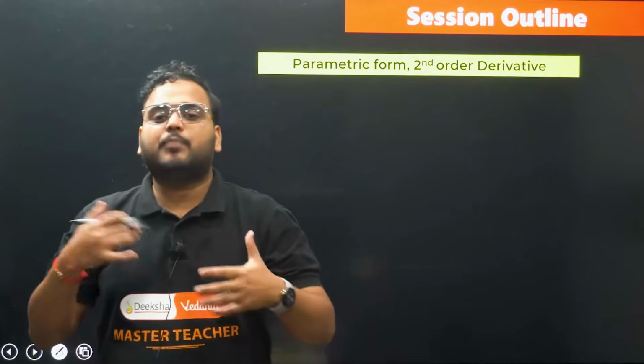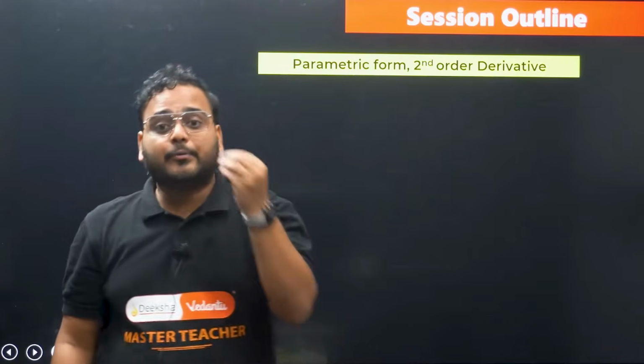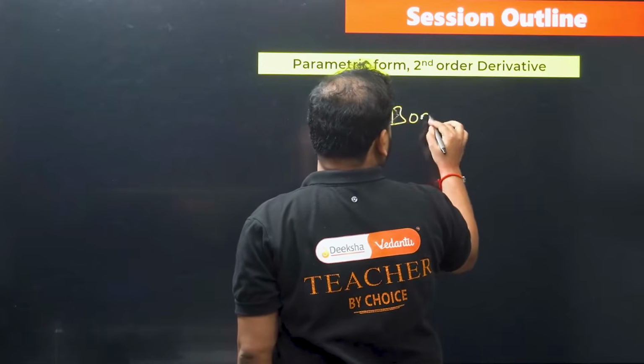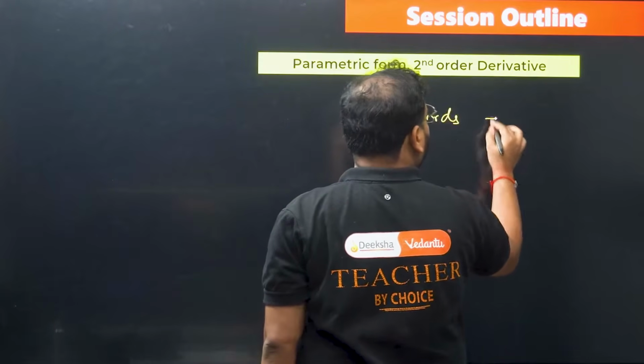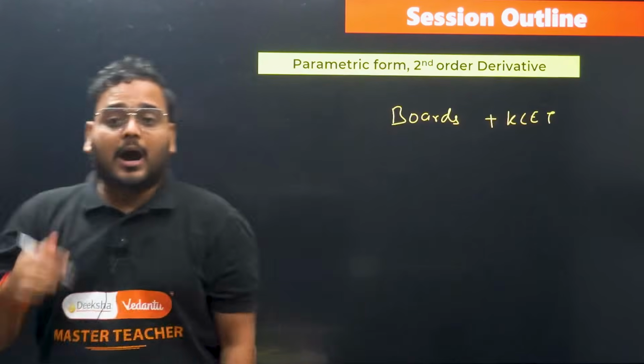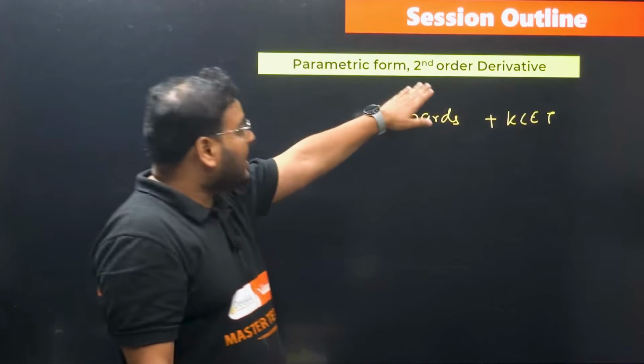Now why is this important? Because of course whatever you have learnt is going to be useful, but questions, whether in boards or KCET or even for JEE, are asked on the second order derivative. If you see those questions, they are coming from this.